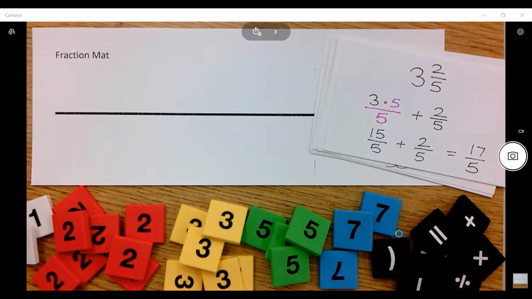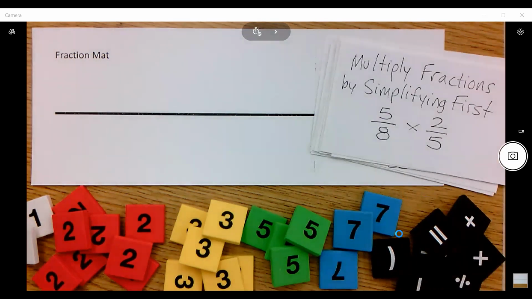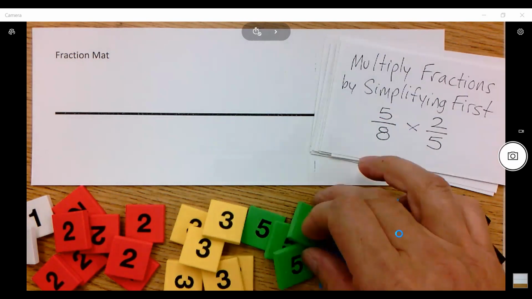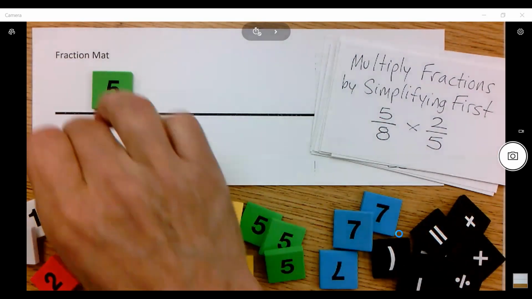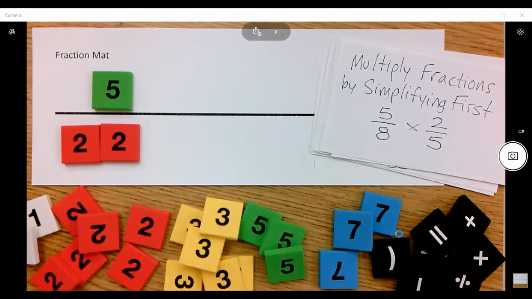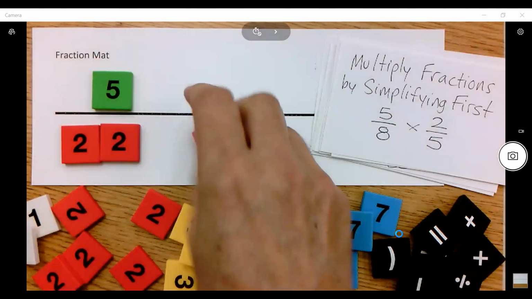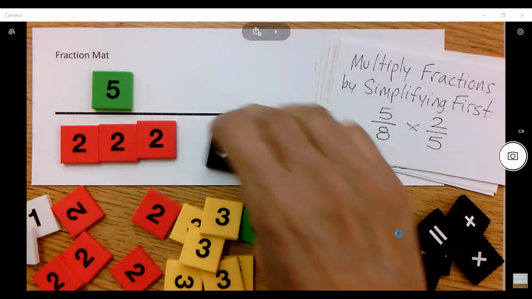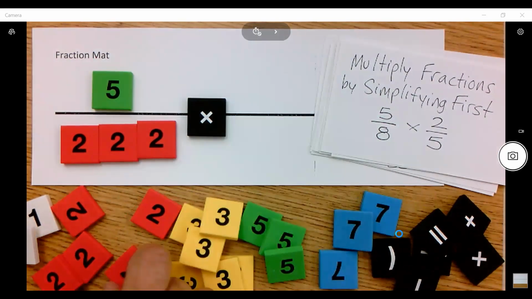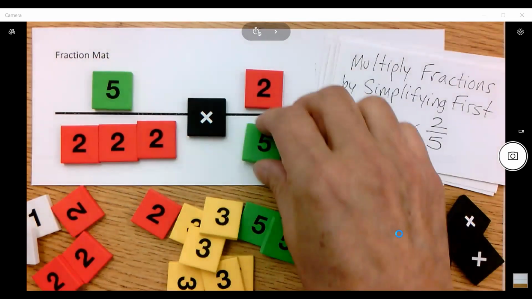Well, when we multiply fractions, we're going to take what we know about simplifying and actually simplify first. 5/8 times 2/5. I'm going to take my 5/8 and multiply by 2/5.